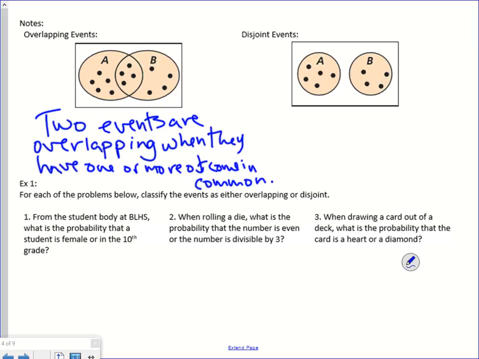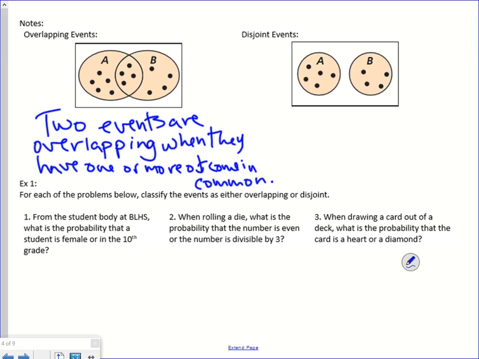So what does this mean? Events are anything we study that has a probability. So like when you roll a die, getting a 6 would be an event, or getting an odd number is an event.